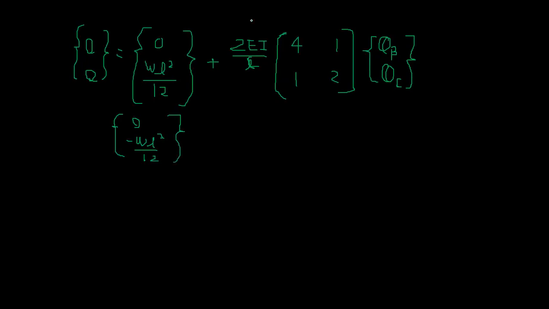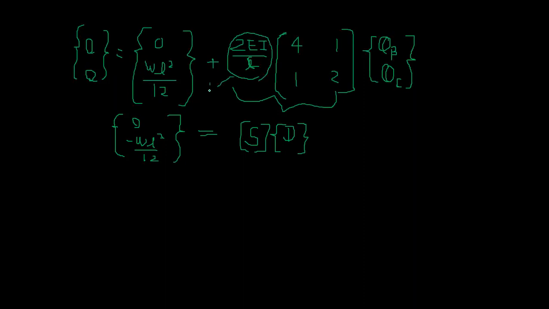This should be multiplied by the inverse of this, the S, into D. So how do we find S inverse? I will call this K and plug it back into the matrix.